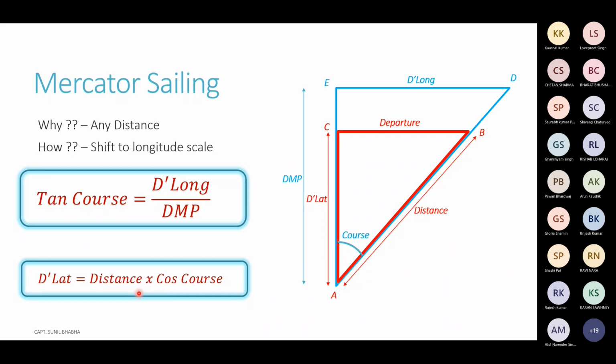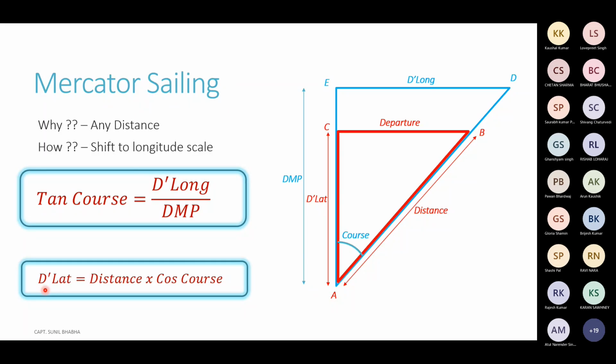Now, one important thing here, as far as trigonometry and mathematical calculation is concerned, you could have used the departure formula also. Departure is equal to distance sine course. So you can put the value of departure, you can put the value of course, and the distance would be known. But we do not use that as far as navigation is concerned. Why don't we use that? Because departure as a quantity is not actually present on our chart.